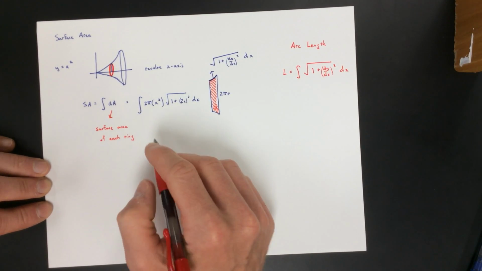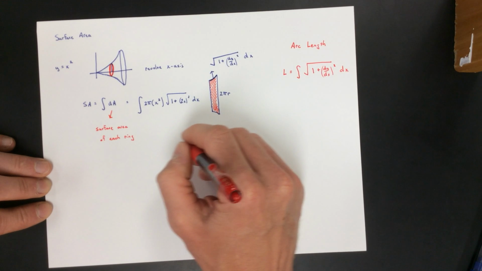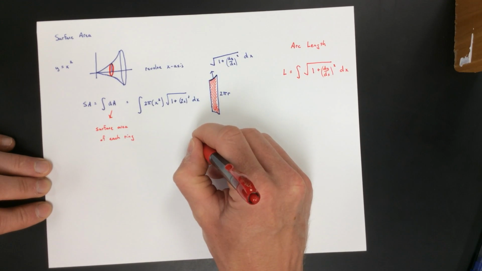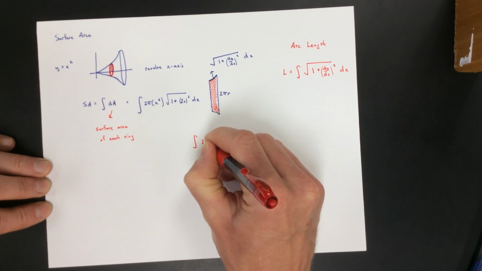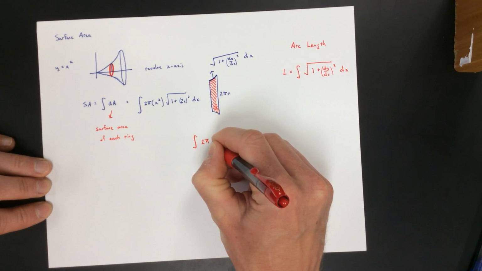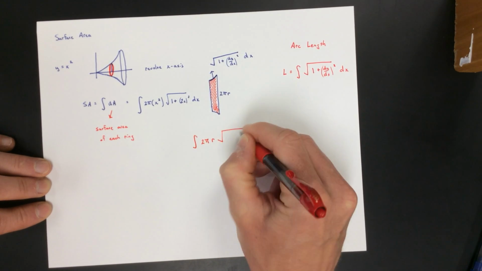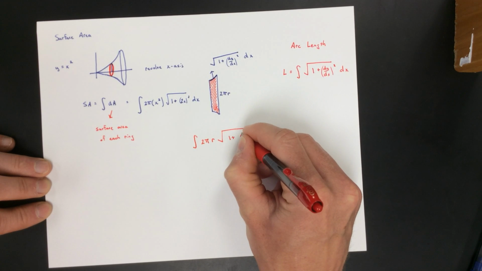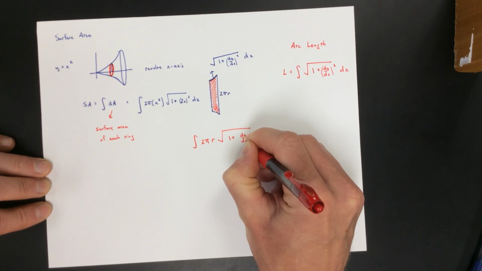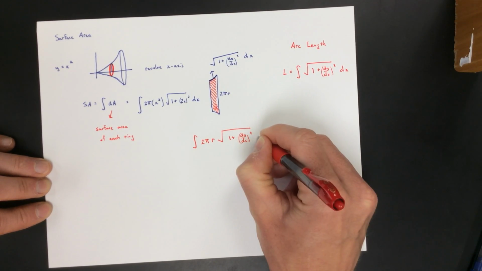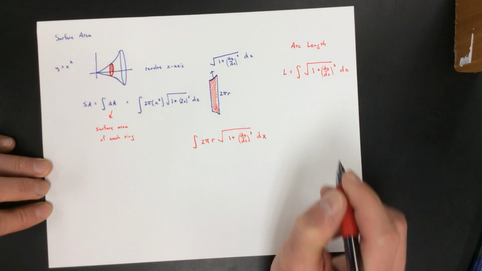The surface area formula, really in the abstract, is going to be the accumulation of 2 pi r times the square root of 1 plus dy dx squared, dx.